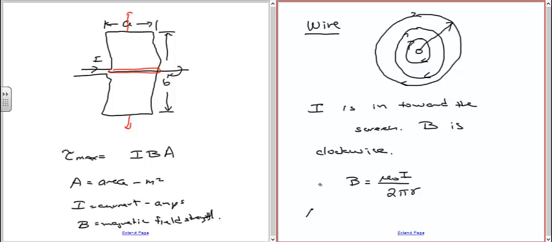It's called the permeability of free space, and it's equal to 1.26 times 10 to the minus 6th. And the units you can figure out: it's going to be Tesla meters from r divided by current, which is amps. So it's Tesla meters per amp. So that's pretty easy.